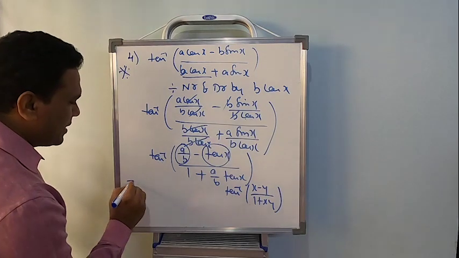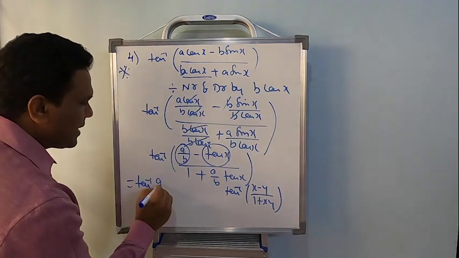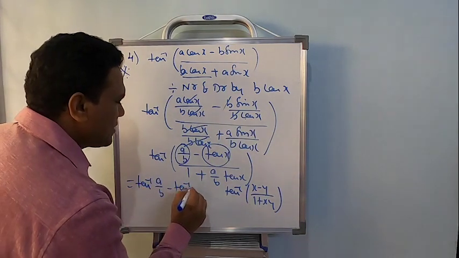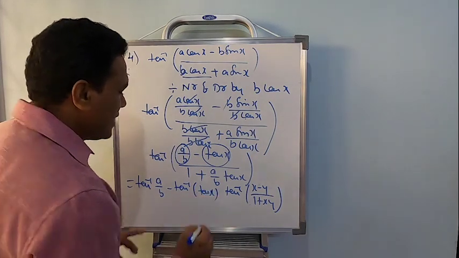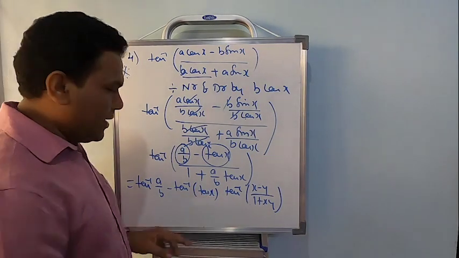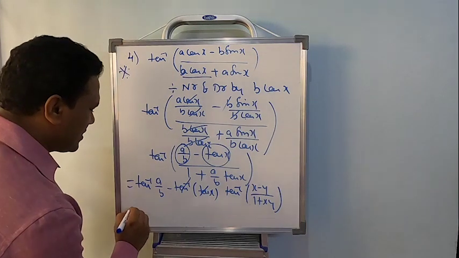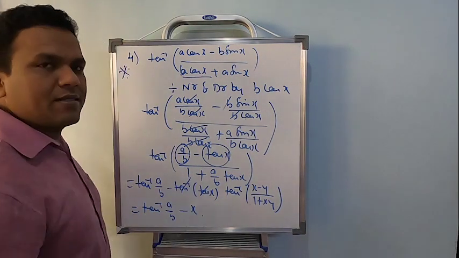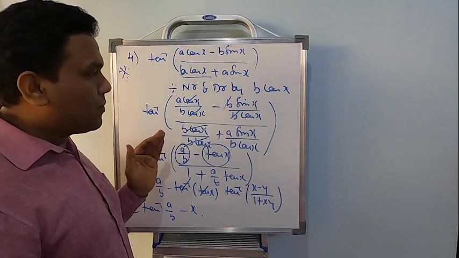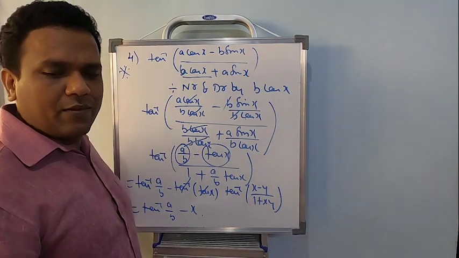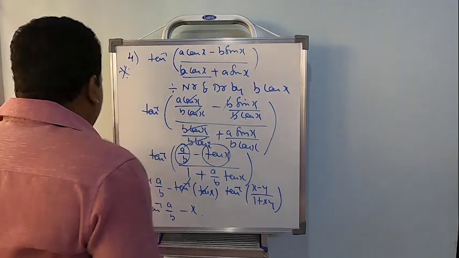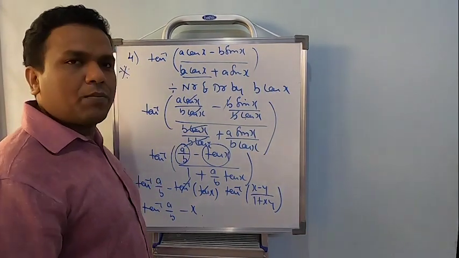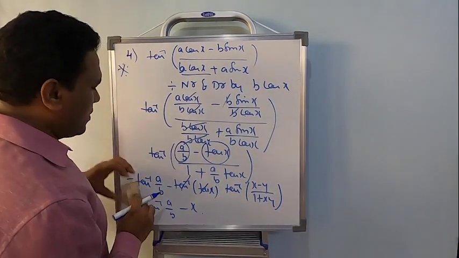So this can be written finally as tan inverse of a by b minus tan inverse of tan x. You can eliminate this also and simply write this as tan inverse of a by b minus x. Most number of times it has been repeated in the final examination, so please take care of this one particularly. Fine. Let's go to the next problem, number 5.